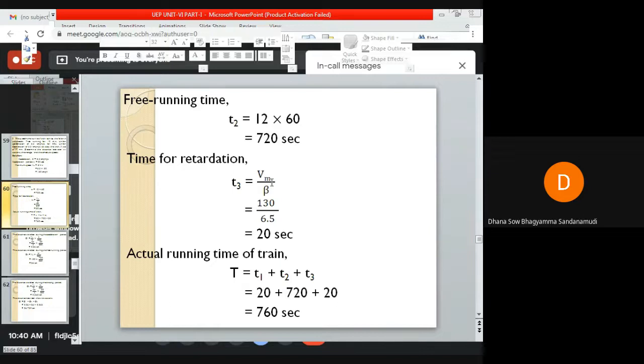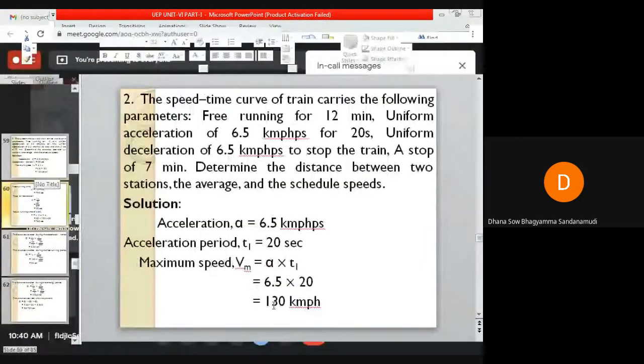Similarly, let us determine the time for retardation. Time for retardation T3 is Vm by beta. The formula you already know. Vm is the maximum speed we have just calculated, that is 130 kilometers per hour.